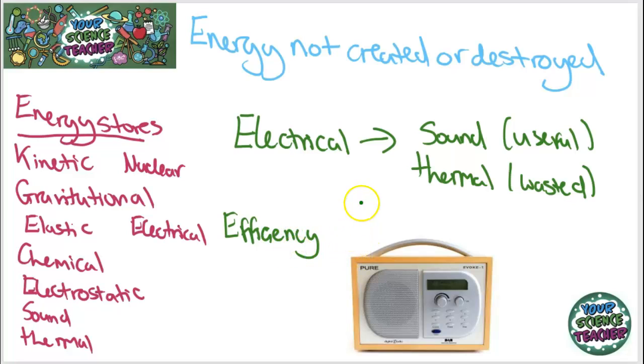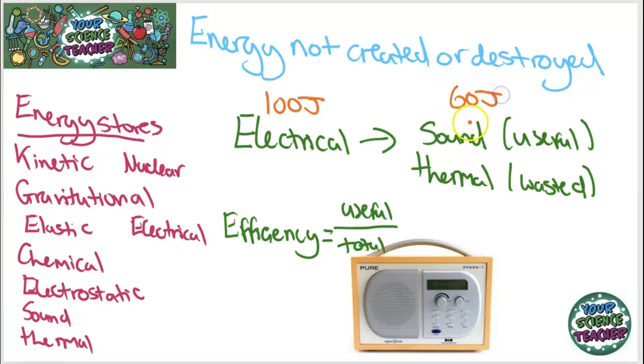How efficient your object is, is the amount of useful energy divided by the total energy going into that appliance. Now, because energy is always conserved as well, if 100 joules of electrical energy are going into my appliance and 60 joules were coming out as sound, how much would be coming out as thermal?